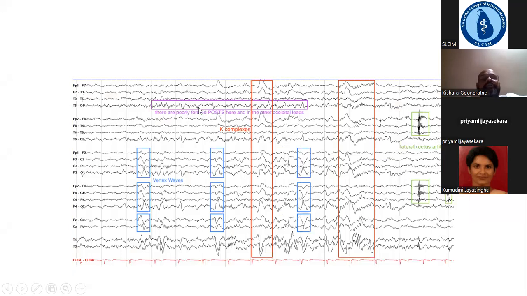Here are examples of POSTs. You can see in the occipital region, which is T5-O1 and T6-O2, these triangular waveforms, which are called POSTs, positive occipital sharp transients. Then you can see this sharpened activity over the central leads, C3 and C4, which are vertex waves.